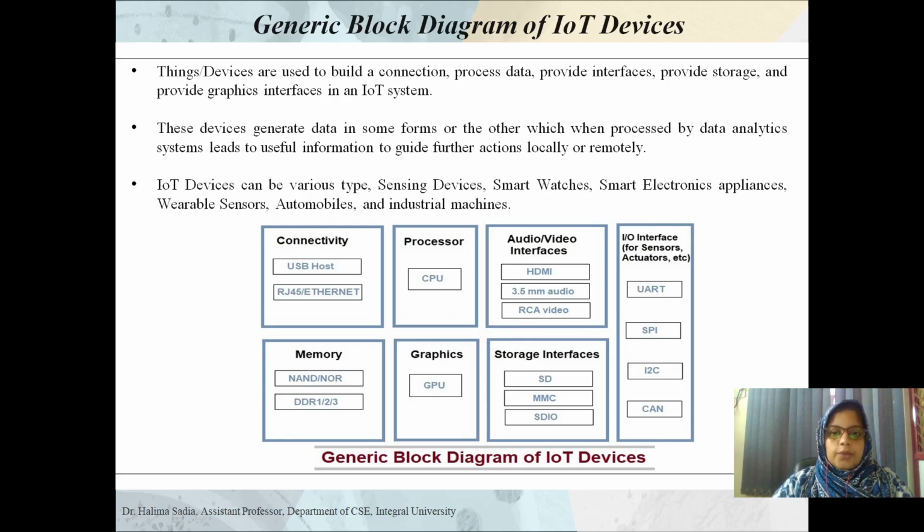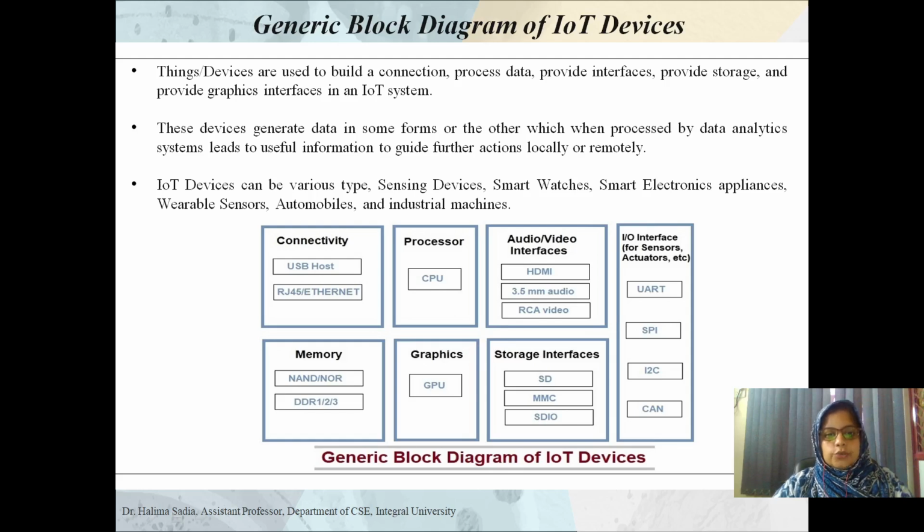We will one by one discuss the components in detail. The USB host and the Ethernet under the connectivity module are used for providing connectivity between the IoT devices and the cloud server. It provides an interface or connectivity between the devices and the server.